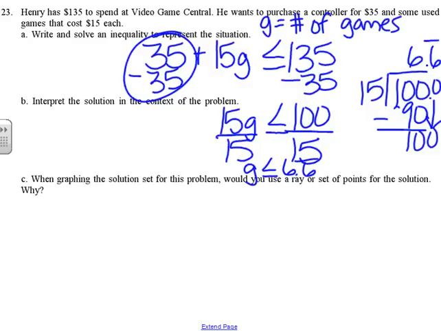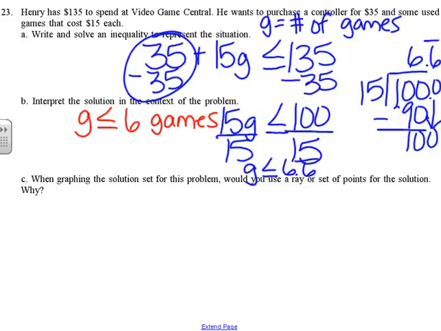Because that is not a whole number and we can only buy whole numbers of games, when we interpret it, we could say that you can only buy 6 games. Even though 6.6 would round up, we can only afford 6 games. All right, when we interpret the solution in the context of the problem, we would rewrite it as G is less than or equal to 6 games.